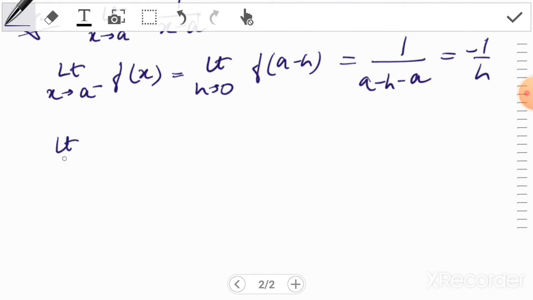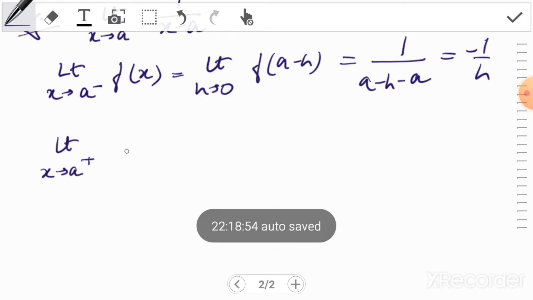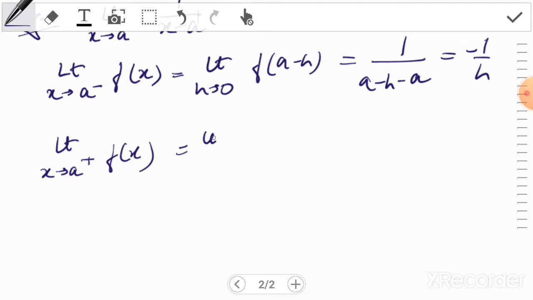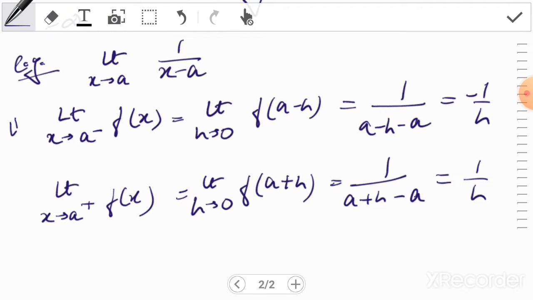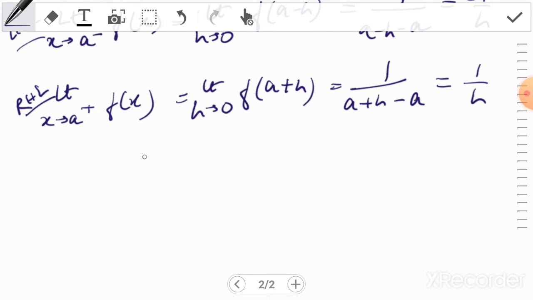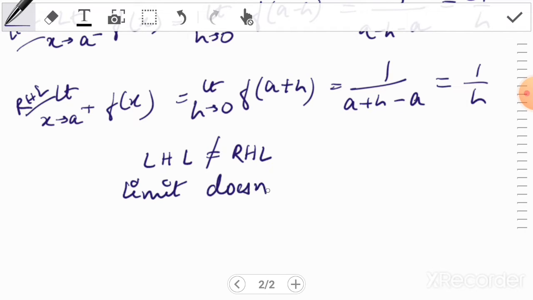Similarly, for right hand limit, we have limit h tends to 0, f(a plus h) is equal to 1 by (a plus h minus a), which is 1 by h. So we see that left hand limit is not equal to right hand limit, so limit does not exist.